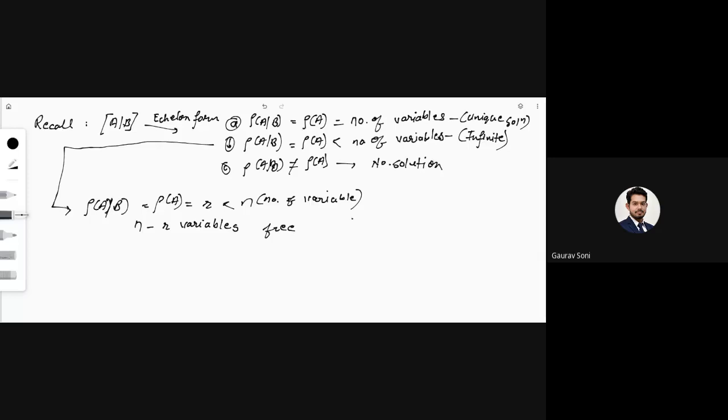What we do is, for the free variables, we put them as say R, S, T or something like that, and then we solve the system. This is the way we find the solutions for a system of linear equations.